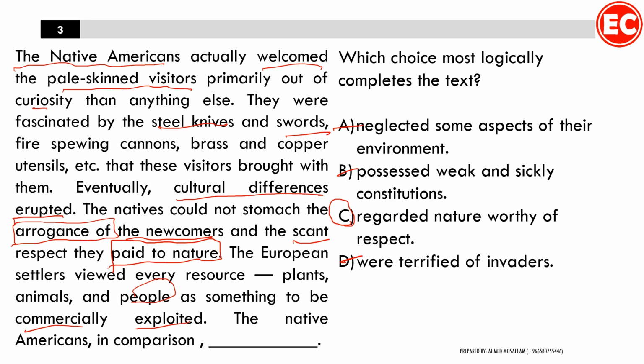So after reading every single sentence with understanding, it will be easy for you to get the answer. The most important thing is the transitional word here. You have to understand the last sentence, because this will help you to figure out what you need here.